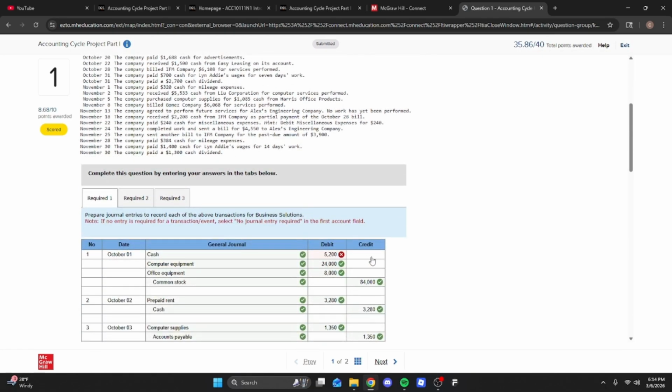I missed a zero, which is my mistake. I have no excuse. This should be $52,000 of cash, just as how computer equipment should be $24,000 and office equipment should be $8,000. We did exchanges for common stock, which is why we have common stock listed here as $84,000, as it is exchanged for all of these listed here.